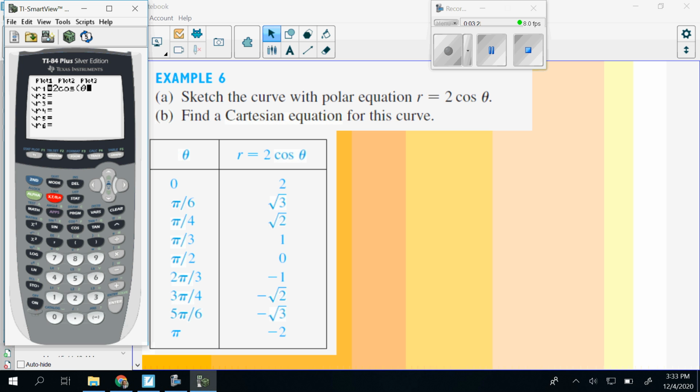Now notice if you hit our variable button, it gives it to you as a theta or angle, not an x when you're in polar form. Hit graph, and it looks like we get a circle there that again has a radius of 2, but it's centered at the point 1, 0.